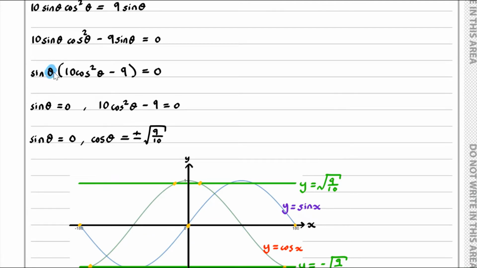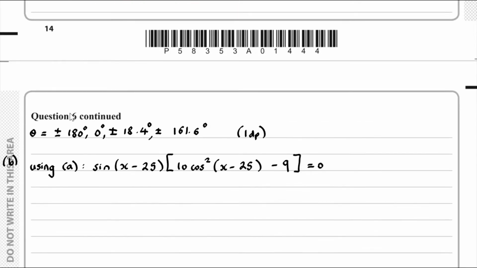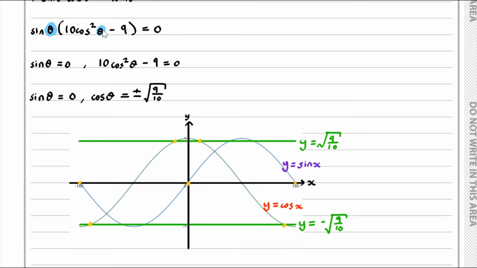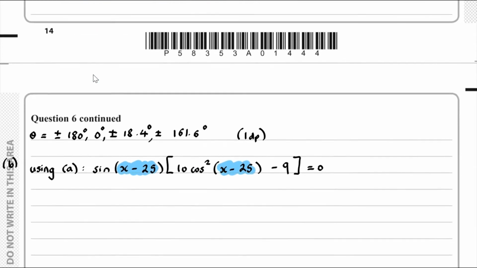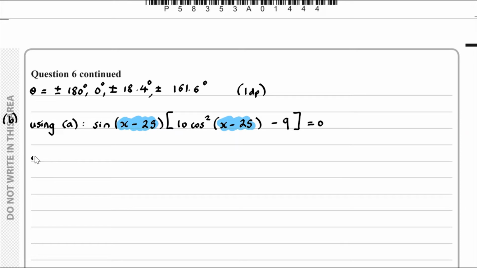Okay, so what you can hopefully see then, perhaps if we highlight it, is that theta has been replaced with x minus 25. So let's just write that down. In other words, theta is equal to x minus 25. In other words, x is equal to theta plus 25.